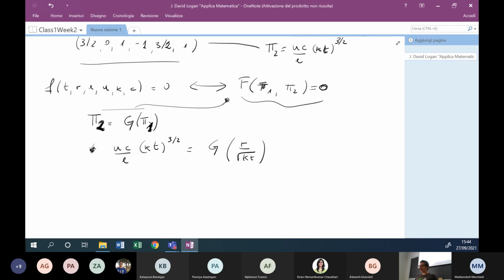Then let me isolate the temperature u. So I will get u equal to E over C times kt to the power minus 3 halves times some function g of r over square root of k t.